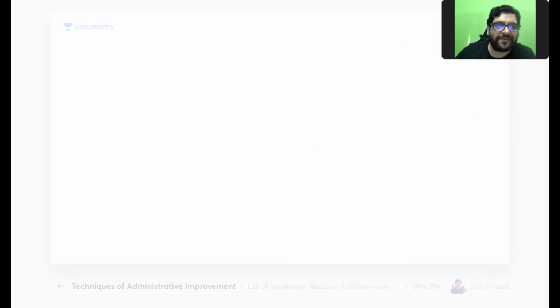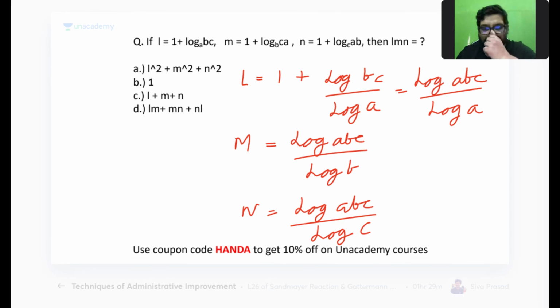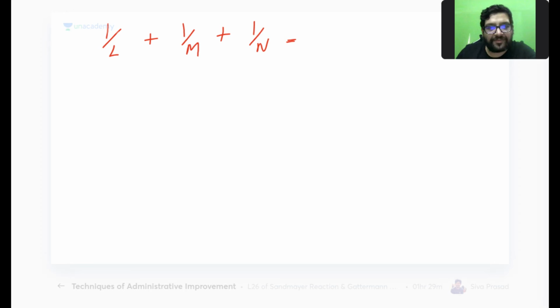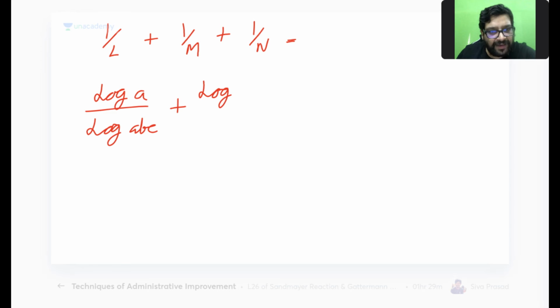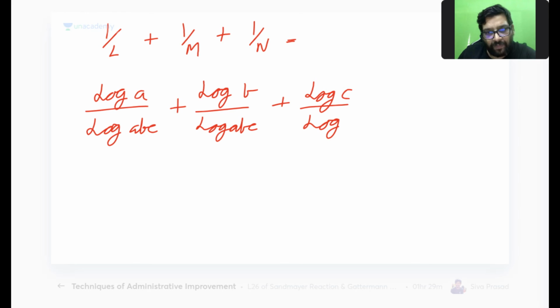What I do now is, instead of taking L, M and N, I take 1 by L plus 1 by M plus 1 by N. Because if I do that, what do I get? 1 by L will be log A by log ABC. 1 by M will be log B by log ABC. 1 by N will be log C by log ABC.